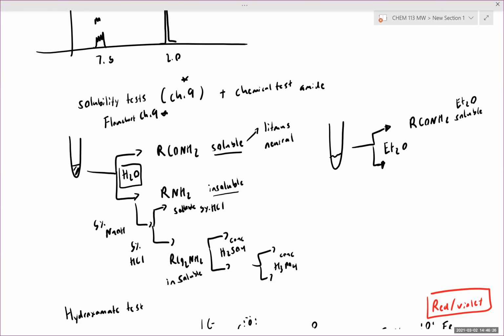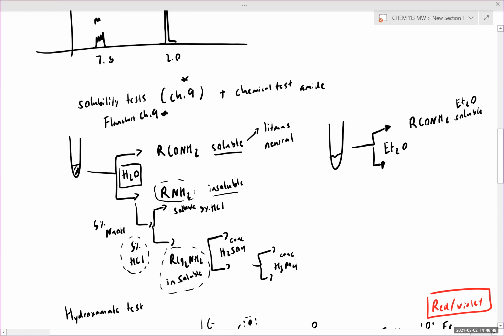Now, with 5% sodium hydroxide, you'd expect your amide to not be particularly soluble in that solution. The 5% hydrochloric acid test is very important to discuss because the amines are soluble because you generate the ammonium salt, while the amides are insoluble.